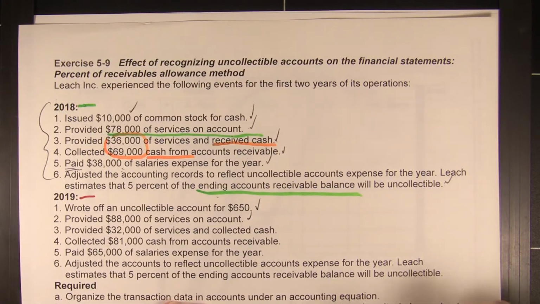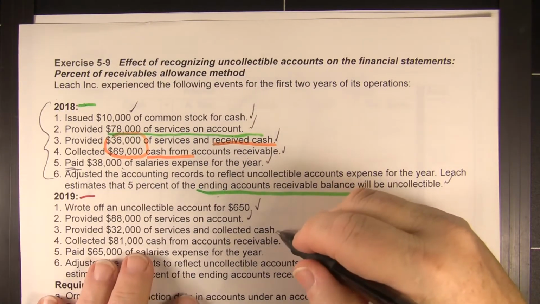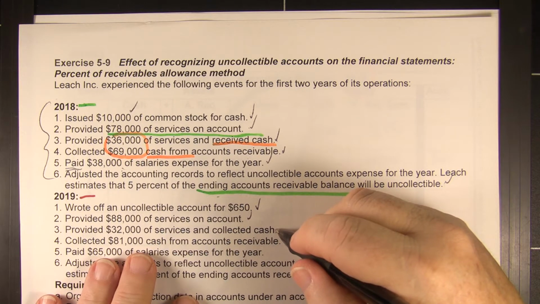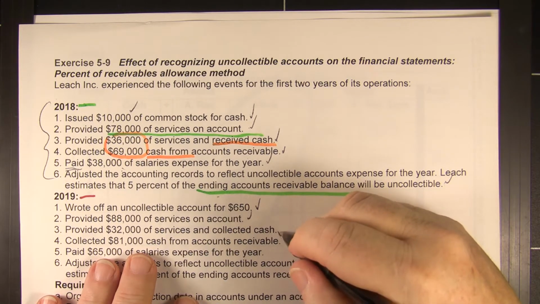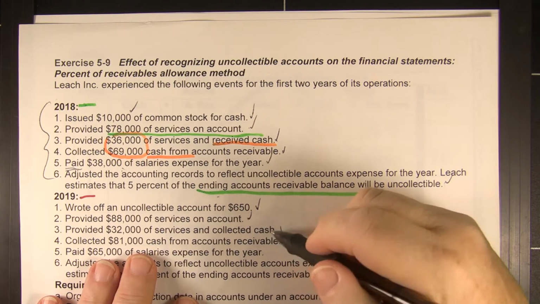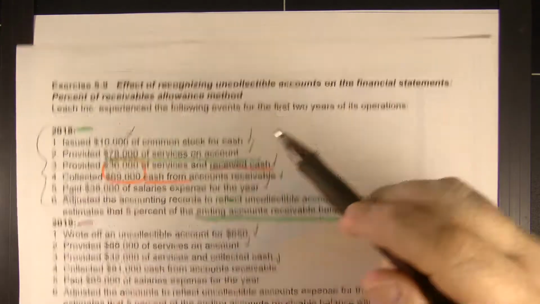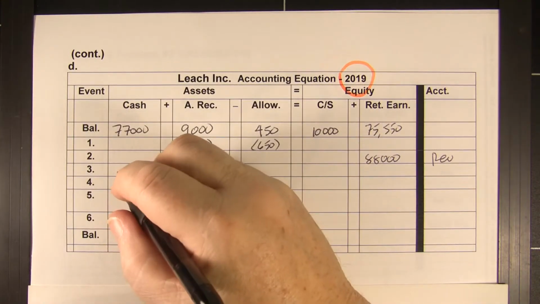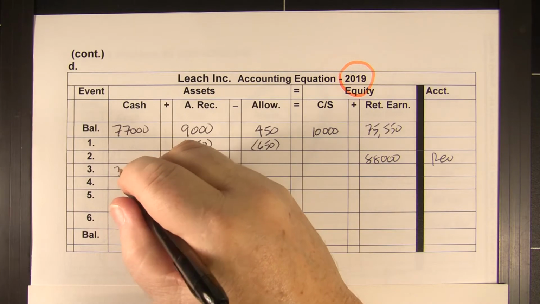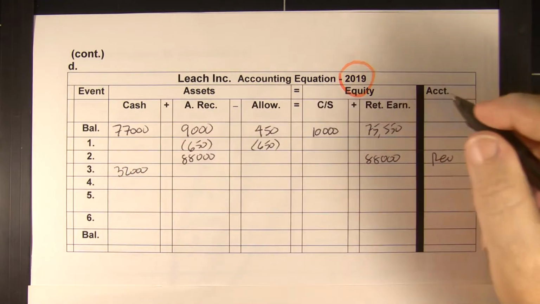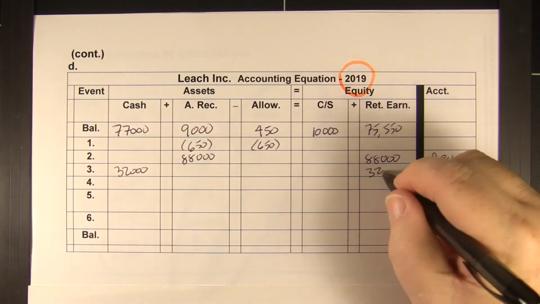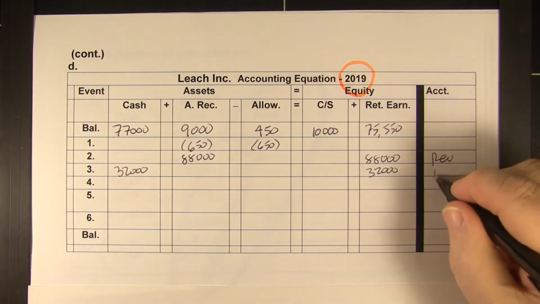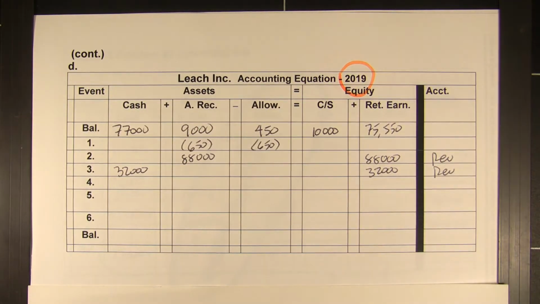The next transaction, we provided $32,000 of services and collected cash. This was on account, this was cash. So now we got $32,000 in cash. And we earned it, that's revenue. That's the R. And revenue minus expense, retained earnings, $32,000.